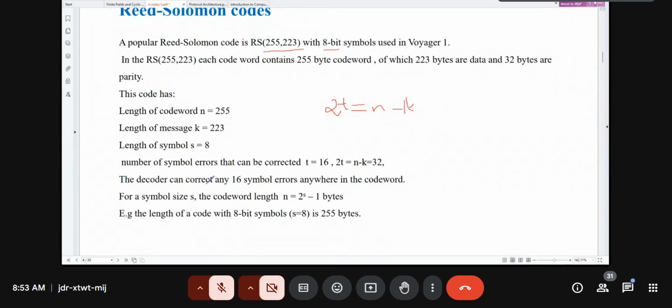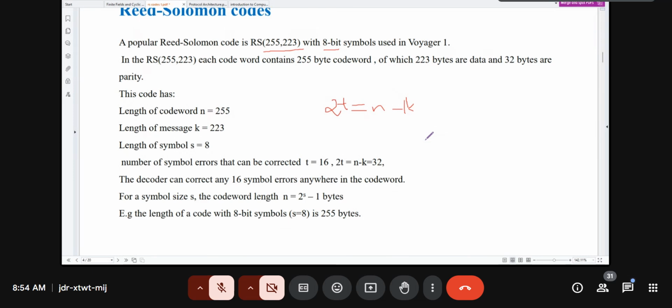The decoder can correct any 16 symbol errors anywhere in the code word. It can be any bit in the code word, or it can be all bits in the code word. Yeah, these 8-bit symbols. But you can correct 16 symbols. You can see why it can be very good.